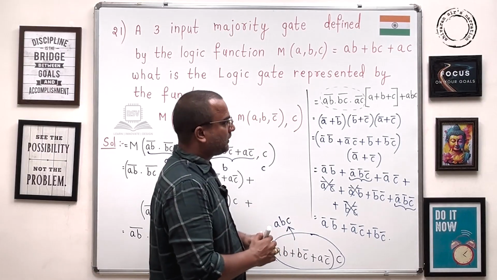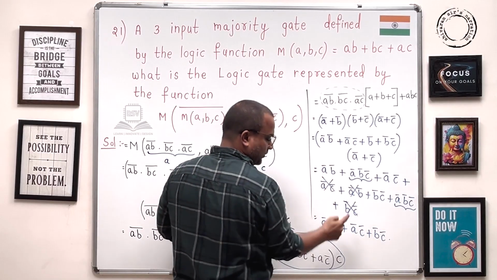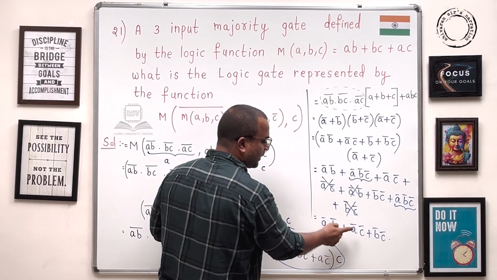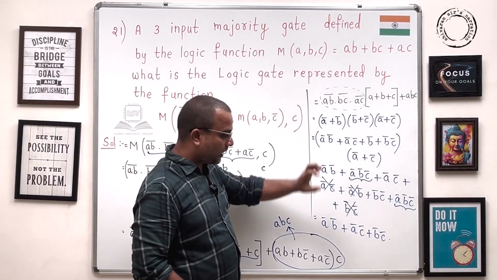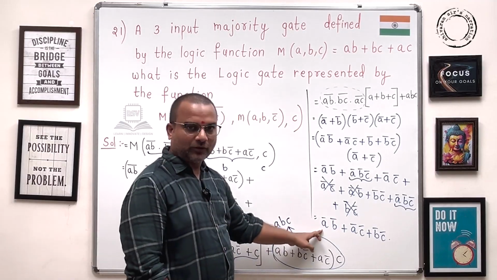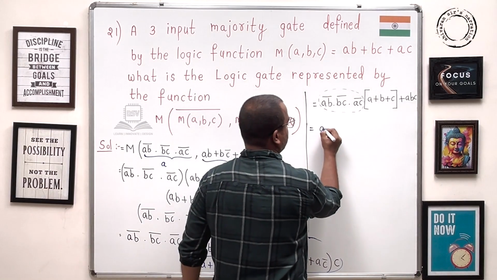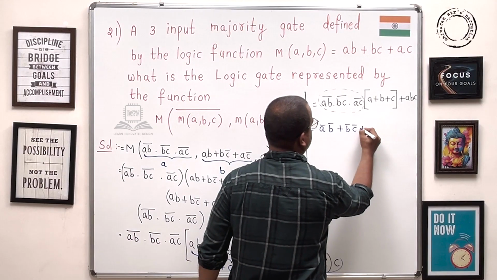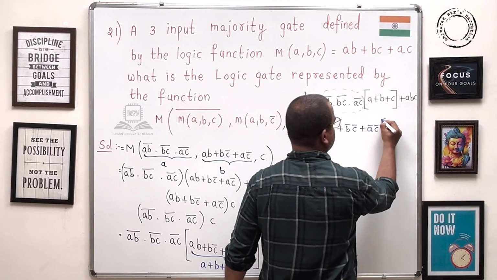So this highlighted term gives you the final term as A bar B bar plus A bar C bar plus B bar C bar. This is the term. Hence, now again we are going to substitute in place of this one. Okay? So the simplified term is A bar B bar plus B bar C bar plus A bar C bar. Okay, and the rest of the terms as it is.